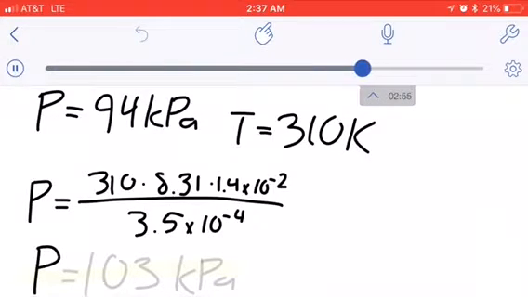And when we do the math, our new pressure of the air inside the bottle after we put it in the hot water is 103 kilopascals.